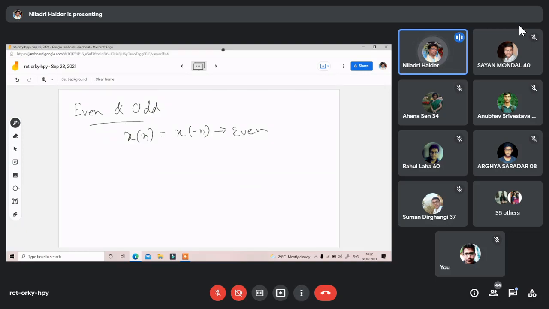And the opposite of that, that is if xn becomes minus of x of minus n, then it is odd. Then if un is given as 1 for n greater than or equal to 0, that is the step signal, and 0 for n less than 0, then what will be the even part and odd part of that signal?